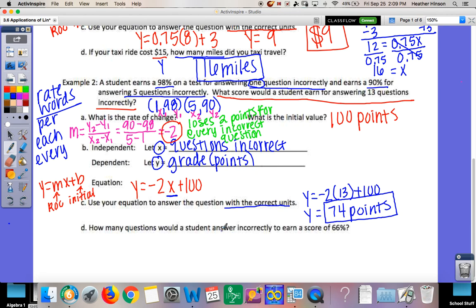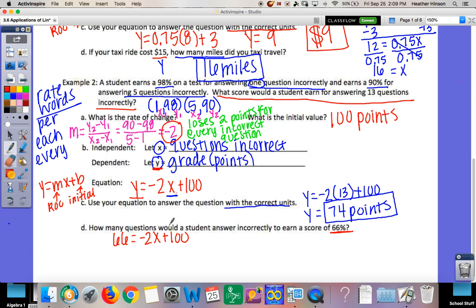How many questions would a student answer incorrectly to earn a score of 66? What is 66? X or Y? Well, 66 is your grade, and grade is Y. So that means we're going to take 66 and plug it into Y. For these questions, we're going to have to solve it.